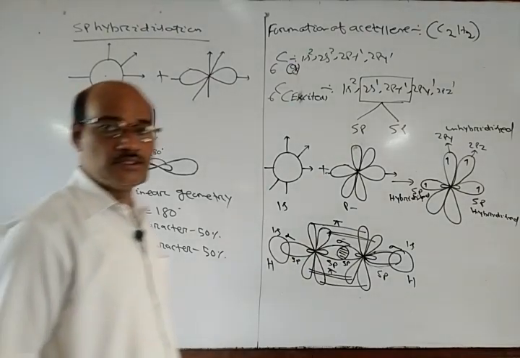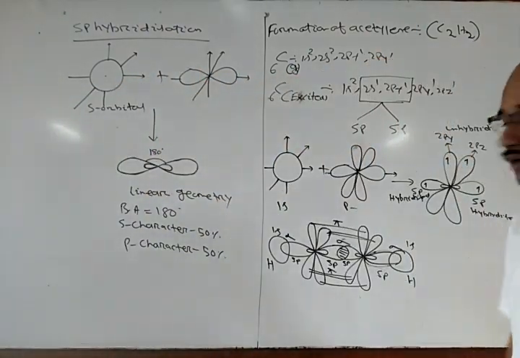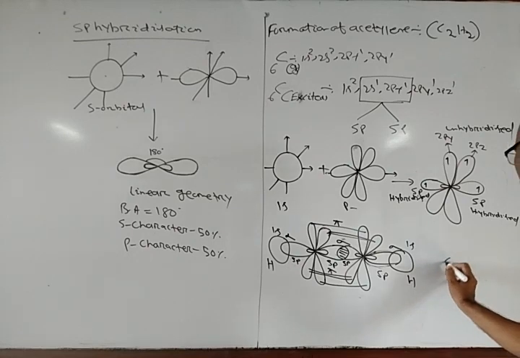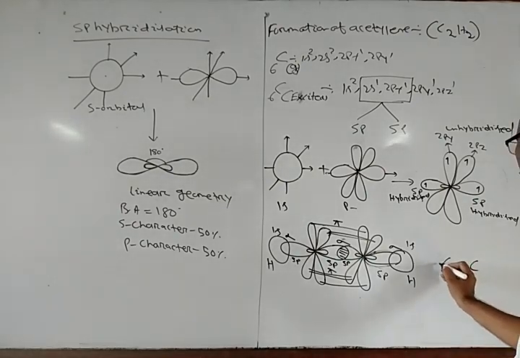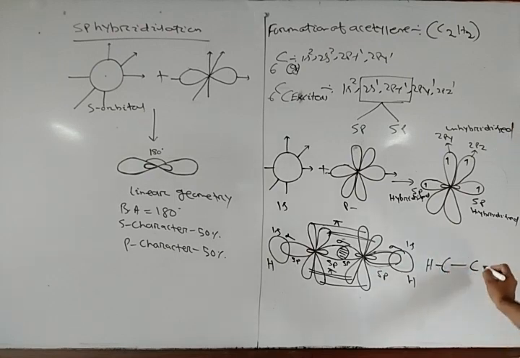So in the C2H2 molecule, what we observe: a carbon-carbon sp sigma bond, CH sigma bonds, and two pi bonds.